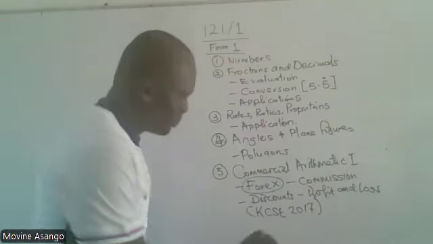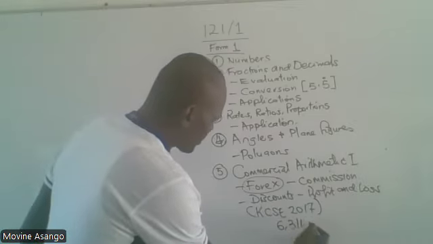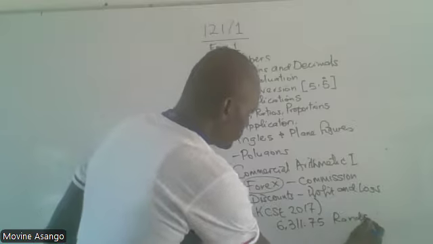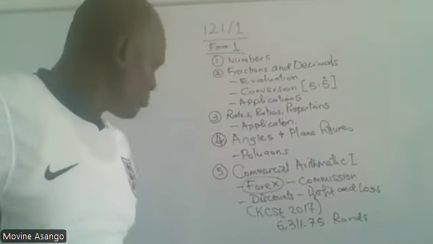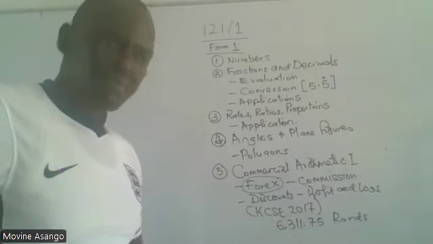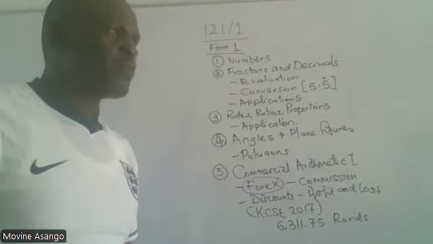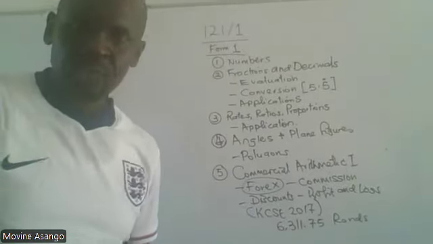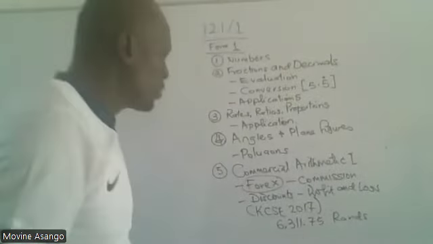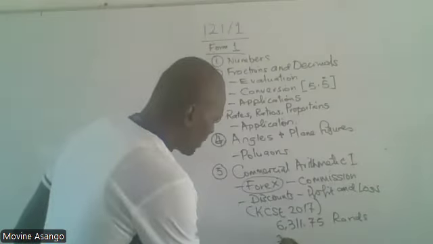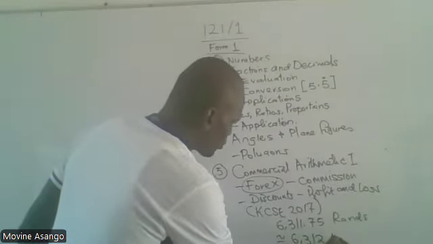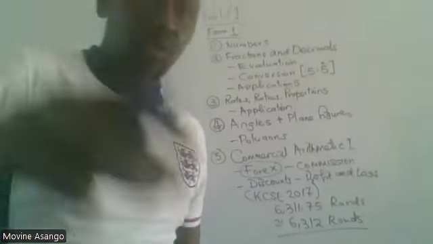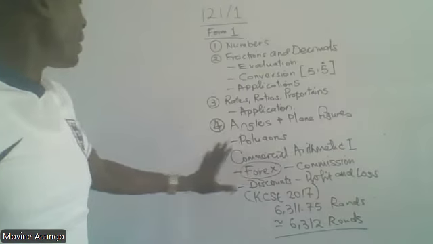If your answer, for example, is 6,311.75 rands, don't say this is going to be 6,311. You truncate, and your argument is the bank will make a loss if you round off in the normal way. No, your work is simple, to round off to the nearest rand, and therefore you say this is approximately 6,312 rands, correct to the nearest rand. So we must look into those areas under commercial arithmetic number 5.